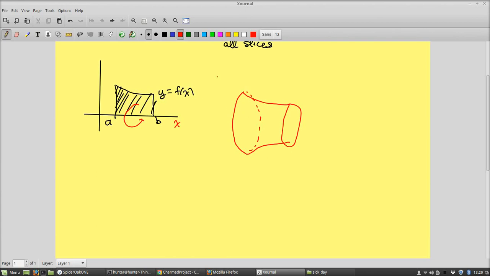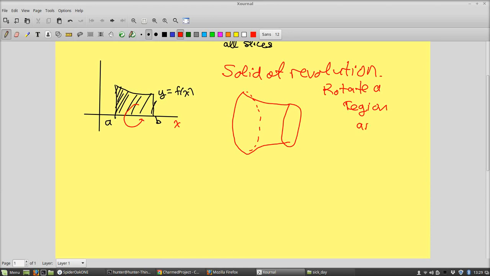Okay, so this is a solid of revolution. Solids of revolution just come from rotating plane regions around lines. So rotate a region, which is usually the area under some curve, around a line, which is usually the x-axis.